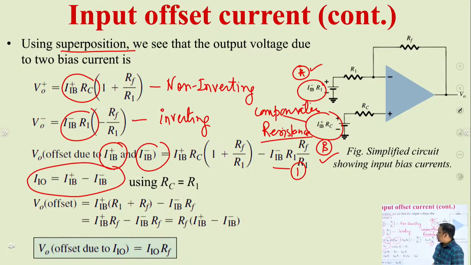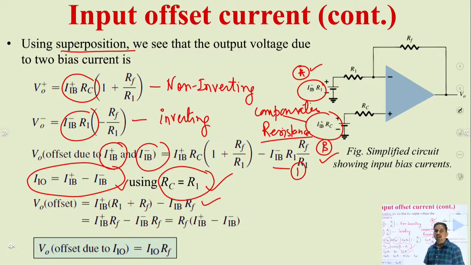Using this, and with the assumption that the compensation resistance is equal to R1, the offset is this one.